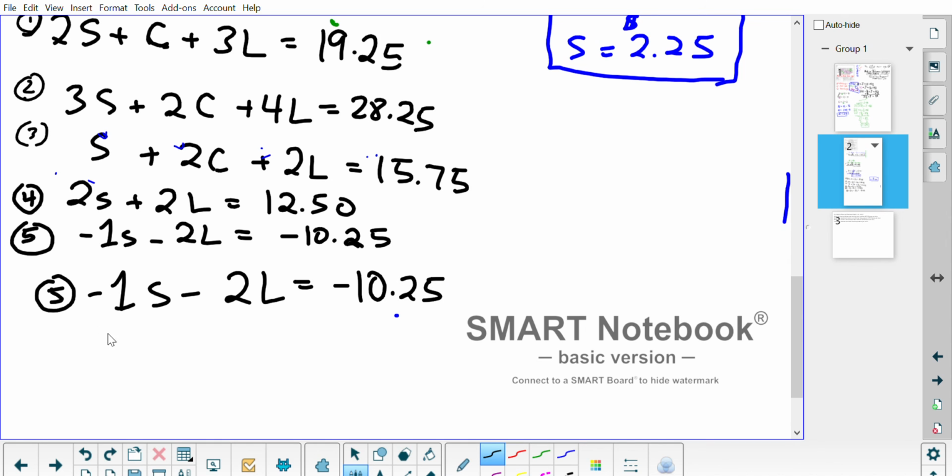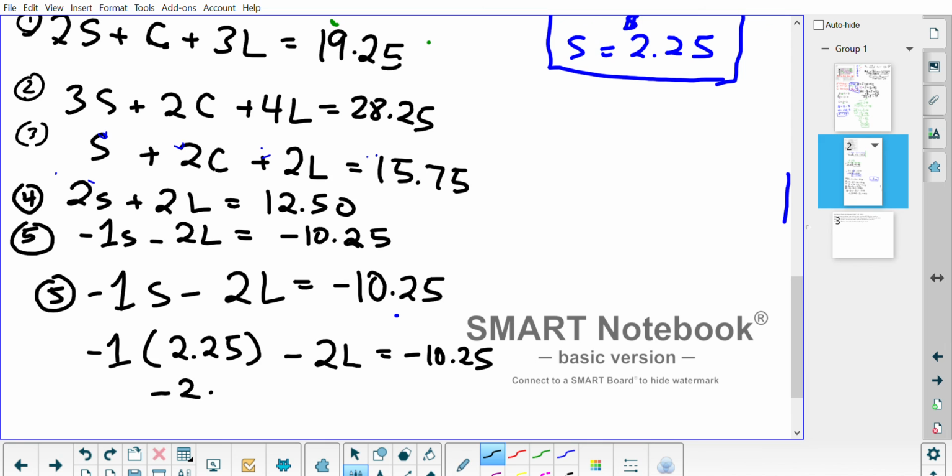So at this point, this is where you want to replace s. So s, you're going to put that $2.25 in, minus 2l is equal to negative 10.25. Negative 1 times 2.25, that's a negative 2.25, minus 2l is equal to a negative 10.25.